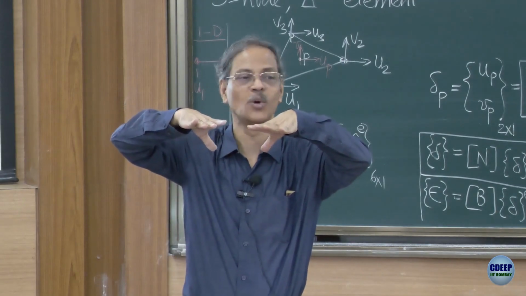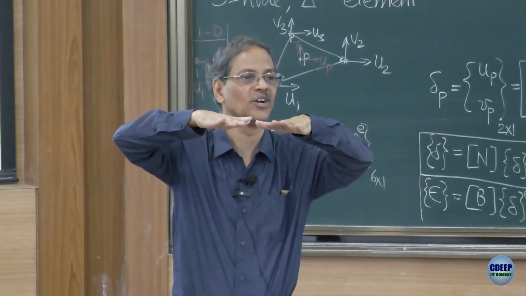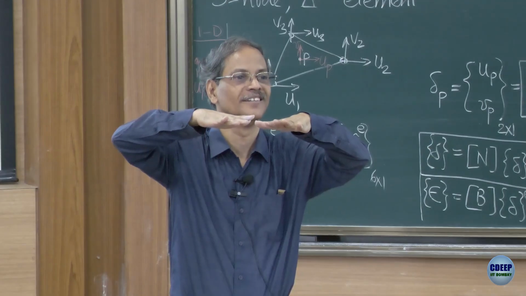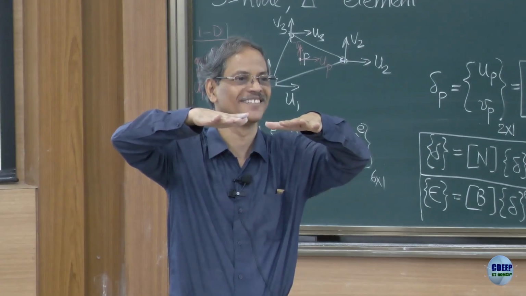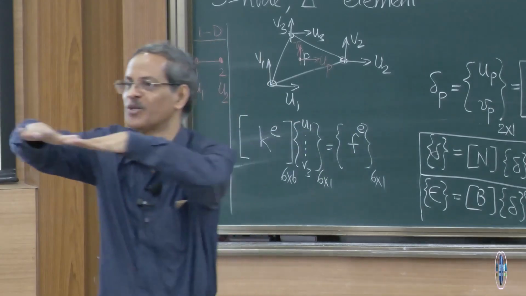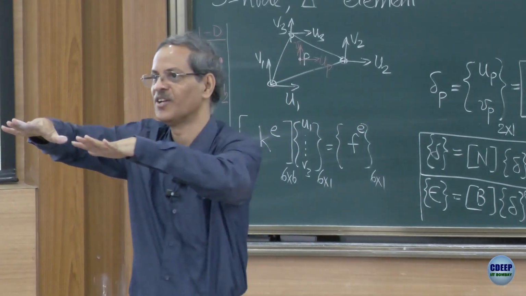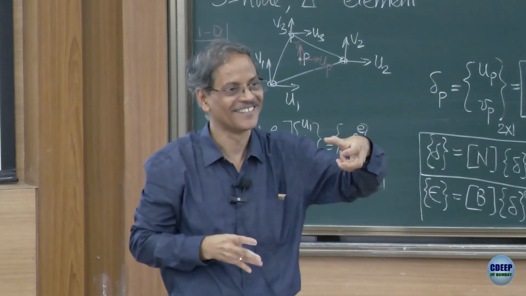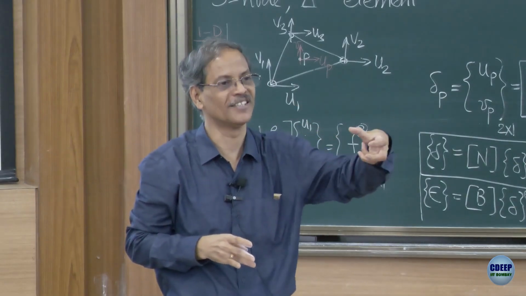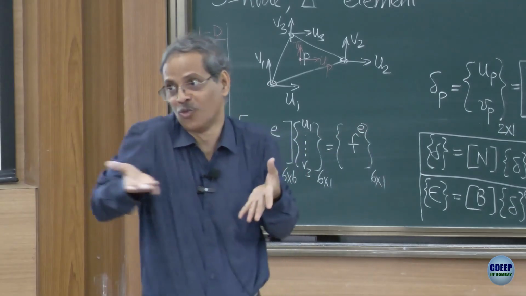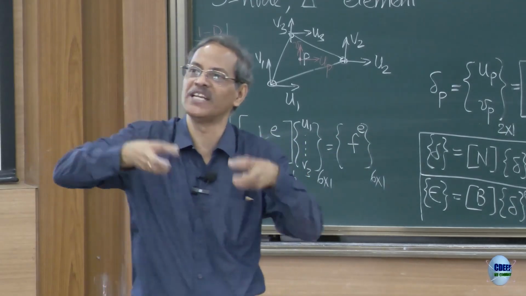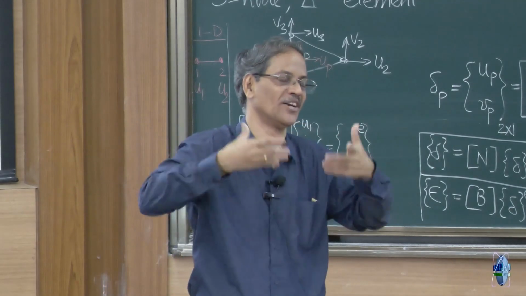So it cannot actually undergo any elastic deformations. If you apply a force, it will move as a rigid body, like this. Only by constraining it through the boundary conditions, it cannot move, so it undergoes strain and stress and strain energy and all that.